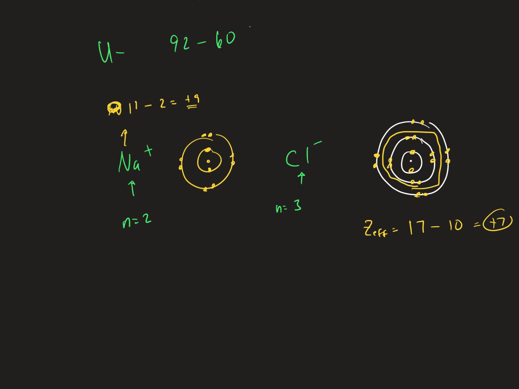You with me? I think that's where I'm confused, because I count 10 total electrons for Na plus, but you're saying it's 11 minus 2? I'm not talking about electrons. I'm talking about the number of protons. It still has 11 protons, otherwise it wouldn't be sodium. You with me? Okay, yeah. And why do we subtract the shielding electrons? Because they're repelling.